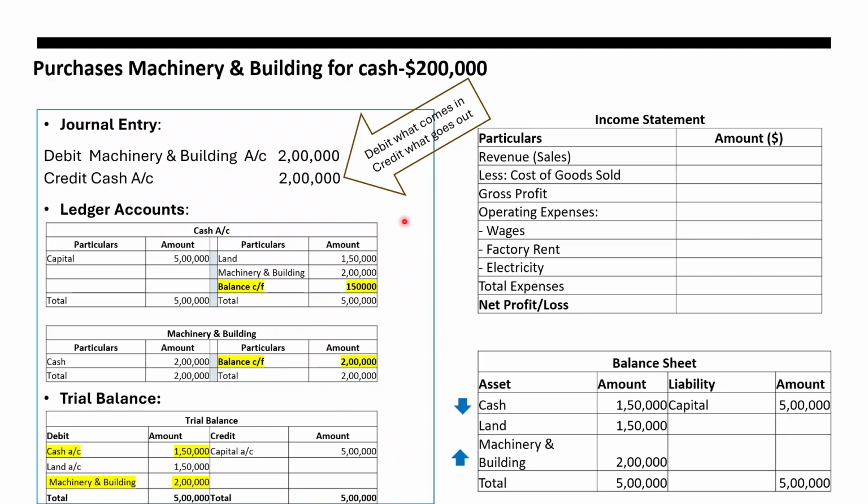This is also another transaction where the income statement is not touched because this transaction does not have any gain, loss, income or expense. So there's no entry in the income statement.